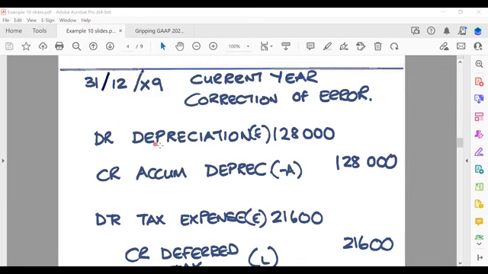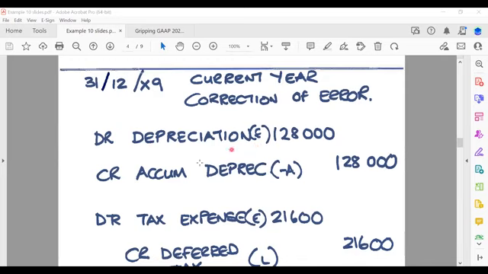We are allowed to debit our expenses and income items now. Because we are in the current year and we're doing the current depreciation, we don't have to debit retained earnings. Because we are in the current year, this expense account has not been closed off yet. So we can make adjustments to depreciation.